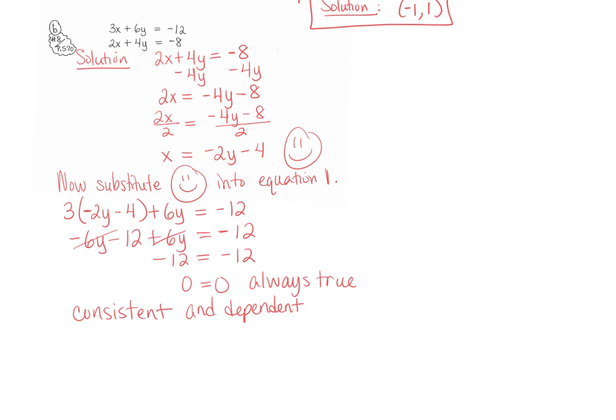Our instructions tell us if a system is dependent, we have to express the solution set in terms of one of the variables. So we are going to highlight the fact that x is equal to negative 2y minus 4.